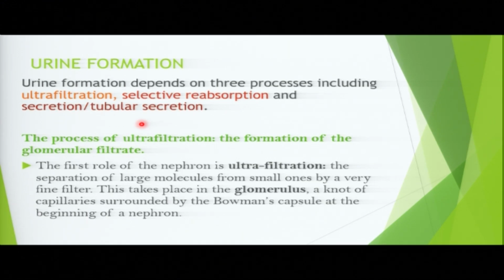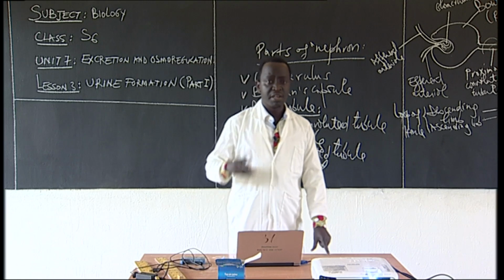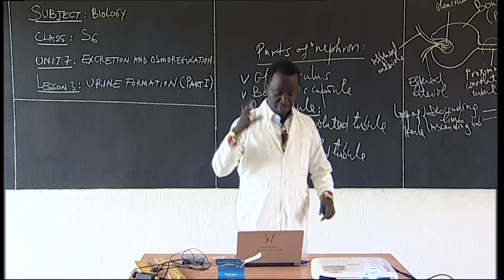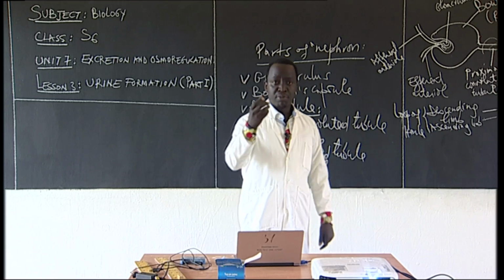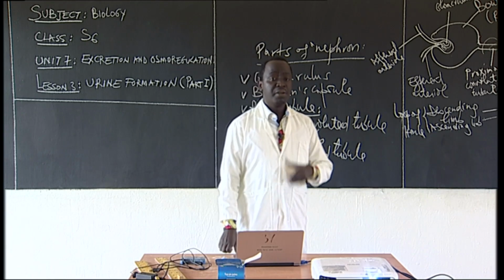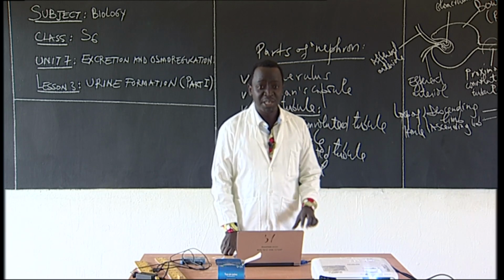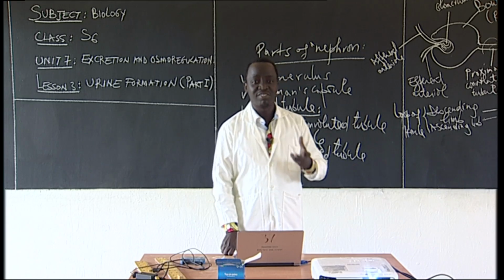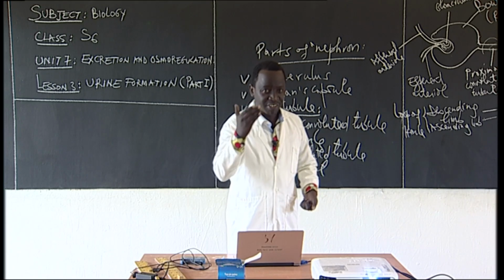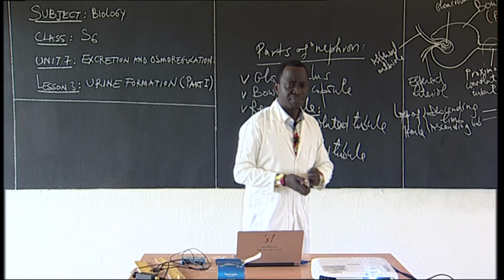The large molecules remain in the blood vessels. They do not leave because they are large. Those large molecules are like red blood cells, proteins, and platelets. They cannot pass across the glomerulus.